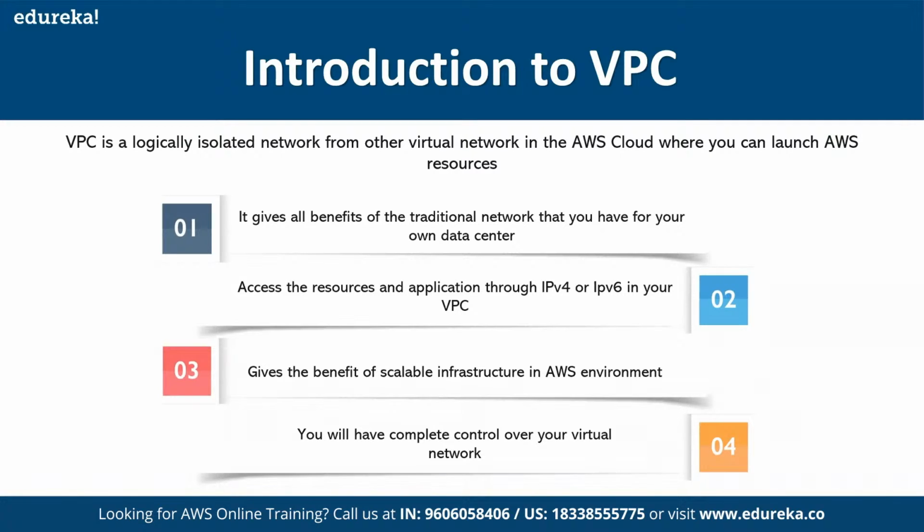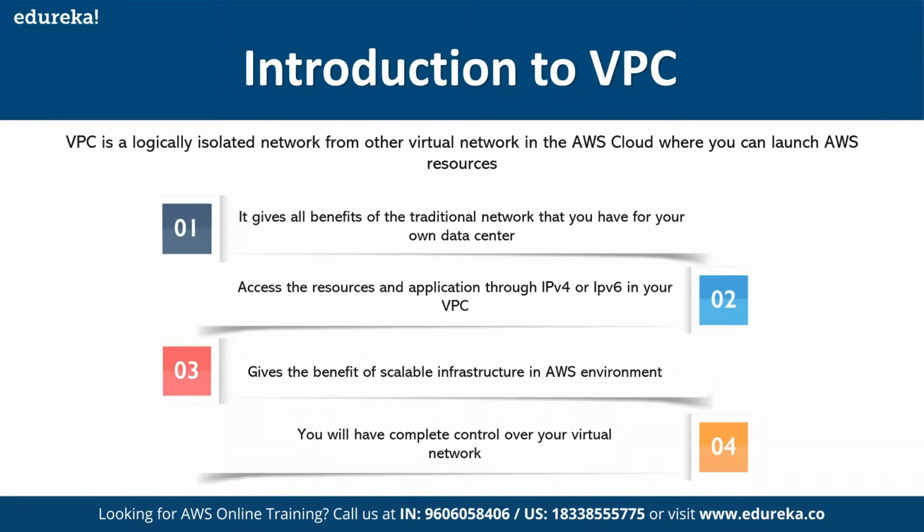You are free to launch your own components, set up networking, set up security for those components the way you want it. So it gives all the benefits of the traditional network that you have for your own data center. So it's like running your own data center. Correct, but the only difference is your data center is physically present in your building or in your premise, whereas this is present virtually for you in AWS cloud.